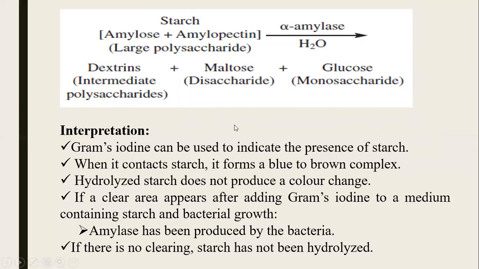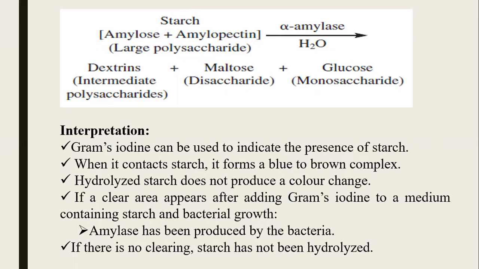And how is this starch hydrolysis detected? Once the test organism is inoculated in starch agar medium, after incubation, if you add Gram's iodine, starch with iodine gives blue color. So the blue color indicates negative, that means the starch is not hydrolyzed. If the starch has been hydrolyzed, then after addition of Gram's iodine, it will not show any color.